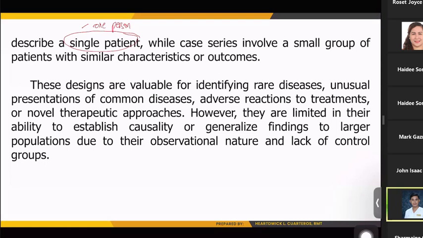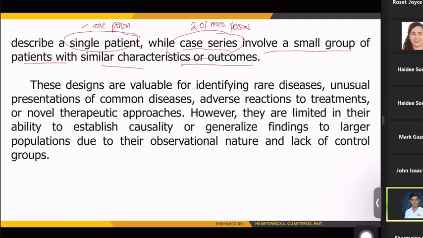While case series, it involves a small group of patients that have similar characteristics or outcomes. Meaning, kung si case report, single person or one person lang ang involved, sa case series naman is small group, meaning there is two or more persons in a group.